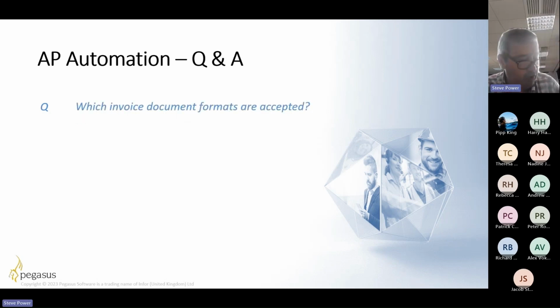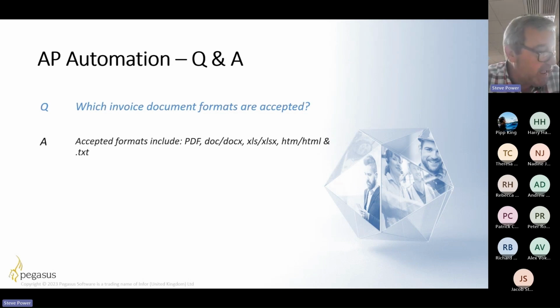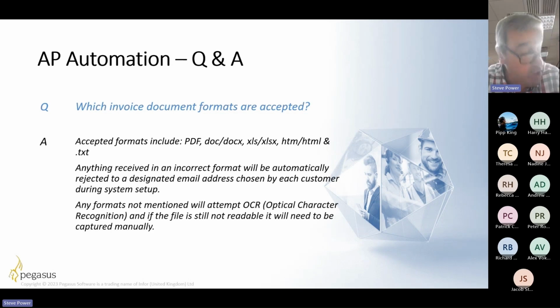Which invoice document formats are acceptable within AP automation? I think I've answered this several times, but it's worth going over again. We will handle PDFs. We will handle Word documents, whether a doc or a docx. Similarly with Excel, whether an XLS or an XLSX, or an HTM or an HTML, or a doctext. All of those sorts of documents can be handled.